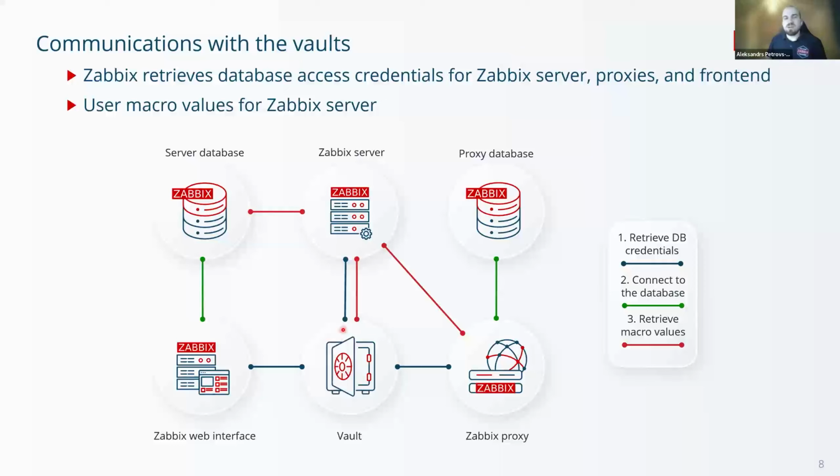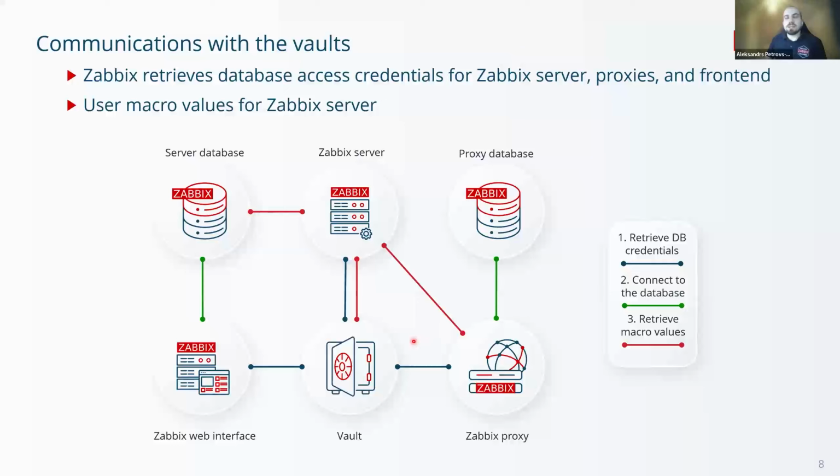There are some exceptions, however. Sorry, not for the database credentials, but in terms of secrets, right? So as I mentioned, Vault can also keep secrets such as configuration-related secrets, or in other words, secret macro values.